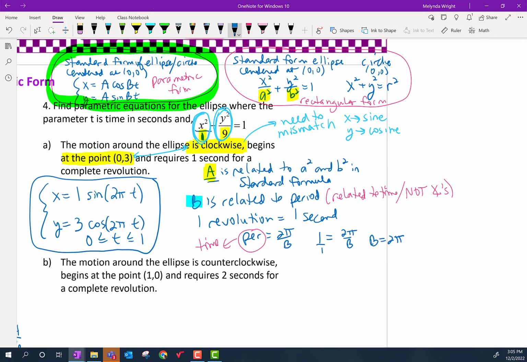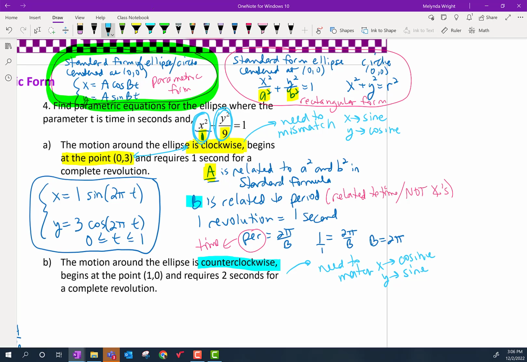Okay, how are we doing? Okay, on the next one, part B, we're taking the same equation, the same ellipse, and this time we're going to go counterclockwise. Okay, and counterclockwise means what? We need to match x with cosine, and we need to match y with sine.